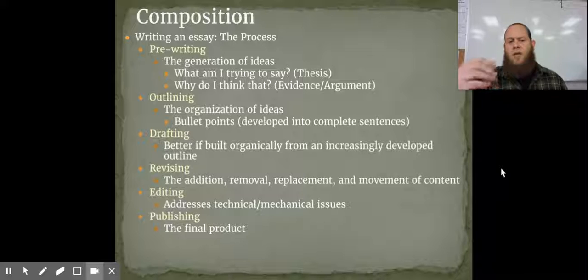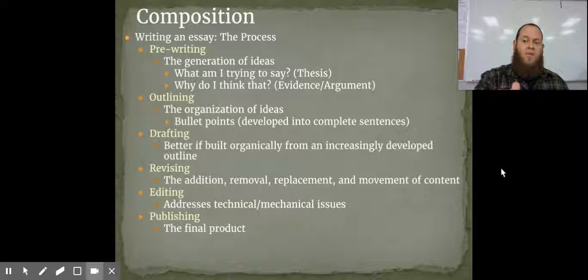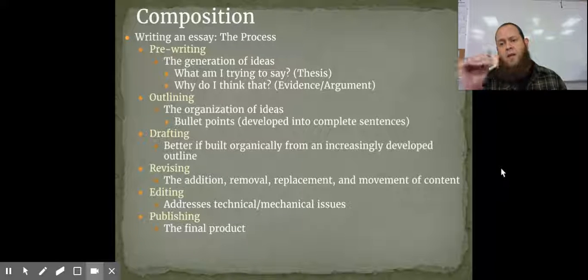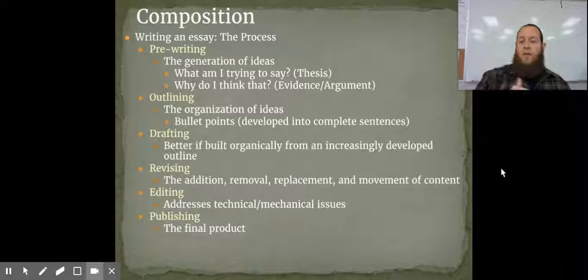Okay. So if you were writing for me, a 6 to 8 page paper, I would expect each of these steps to be followed to the letter. If you were writing for the STAAR or the SAT, I would expect some abridged version of each of these things to be carried out, right? Just in the margin, taking a few minutes to, okay, what is it that I want to say?